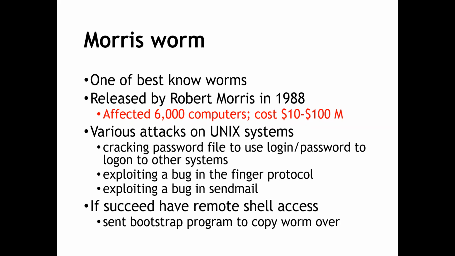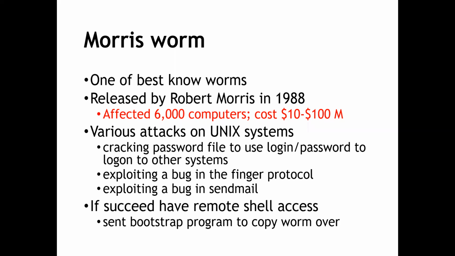So this Morris worm affected over 6,000 computers, and they made tens to hundreds of millions of dollars in losses. They were mainly attacking Unix systems. Their focus was on cracking password files, looking for passwords and being able to pick them up or delete them.